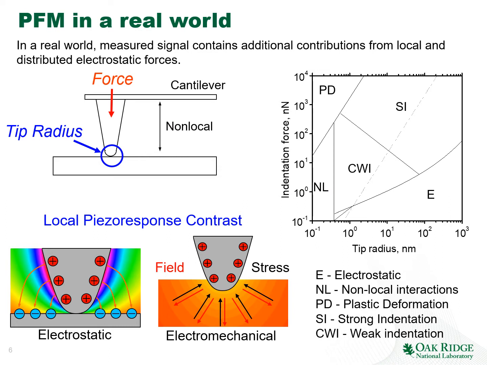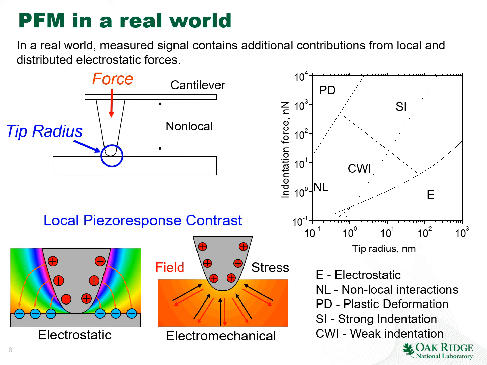Secondly, another contribution to the contrast in the real world is the contribution from the local and distributed electrostatic forces. So in this case, the electromechanical signal originates in the tip surface junction. However, in this tip surface junction, we also have the local electrostatic force.